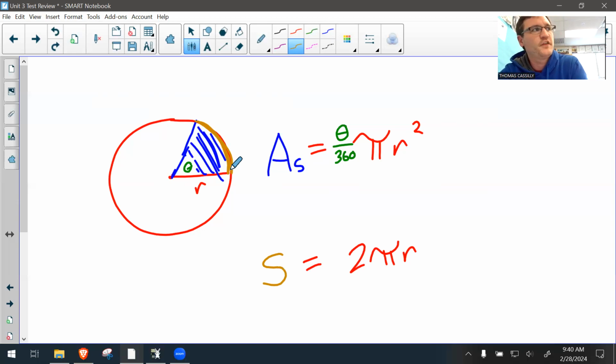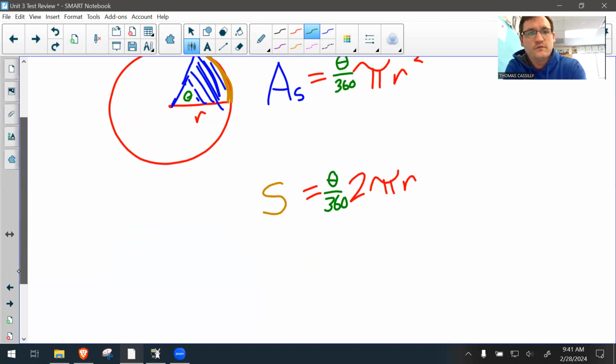Or think about running around a track. What fraction of the track is that? Same idea: look at that central angle and divide it by 360. Those are the formulas we have for the area of a sector and the length of an arc. And keep in mind, this is in degrees.